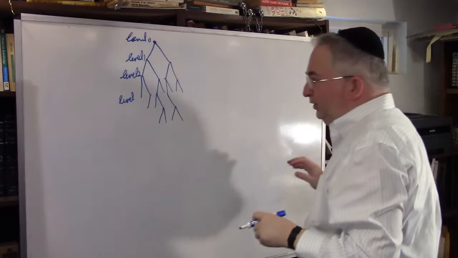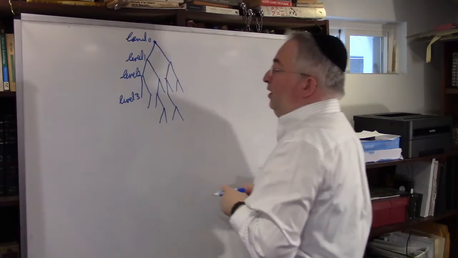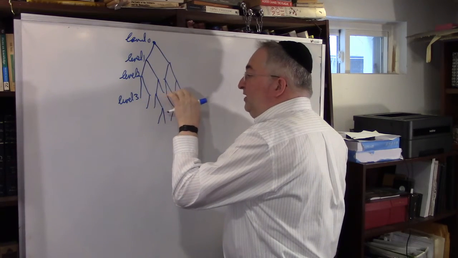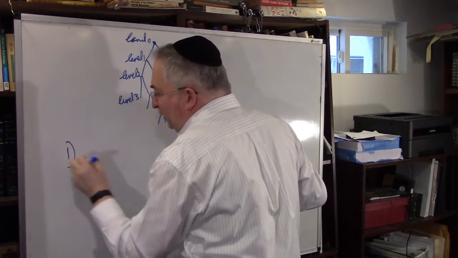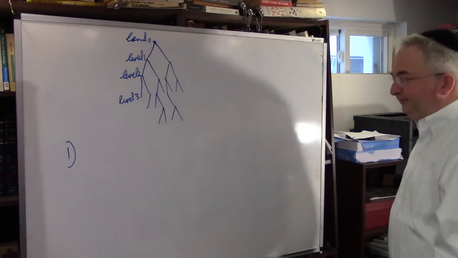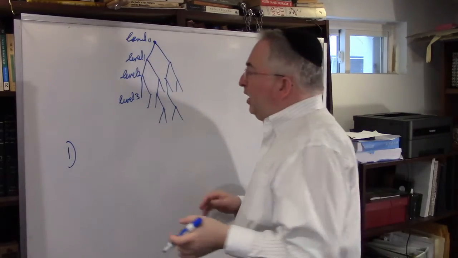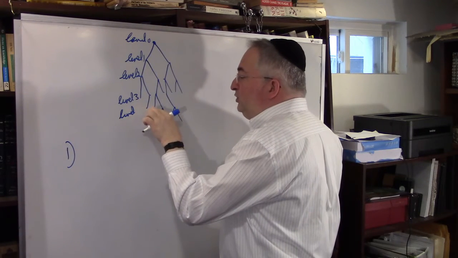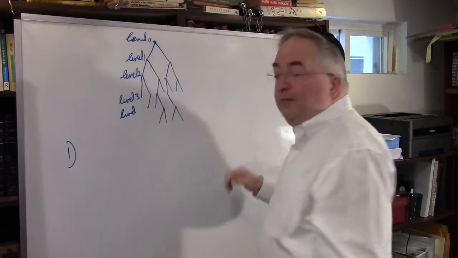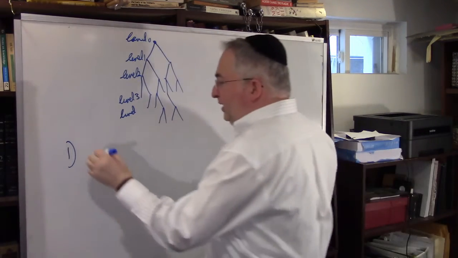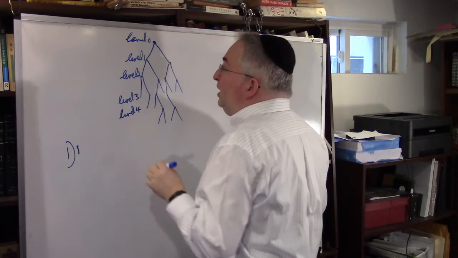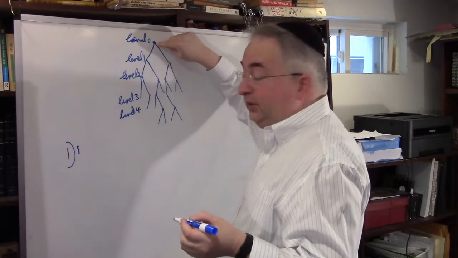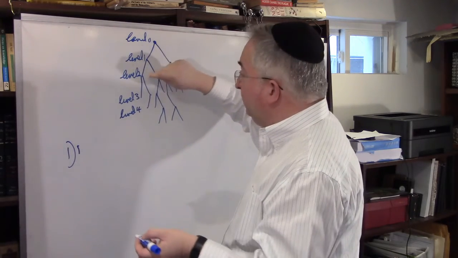Okay, question. This is level 3. How many nodes are there on level 3? 1, 2, 3, 4, 5, 6, 7, 8. Okay, so I want to point out 3 different things. How about level 4? Well, there's only 1, 2, 3, 4 on level 4. But how many can there be? And the answer is as follows. Look, there can be only 1 at level 0, because that's the root. There can be 2 here. There could be 4 here.